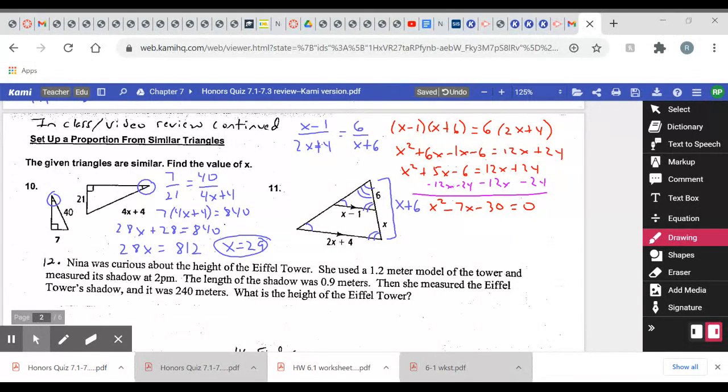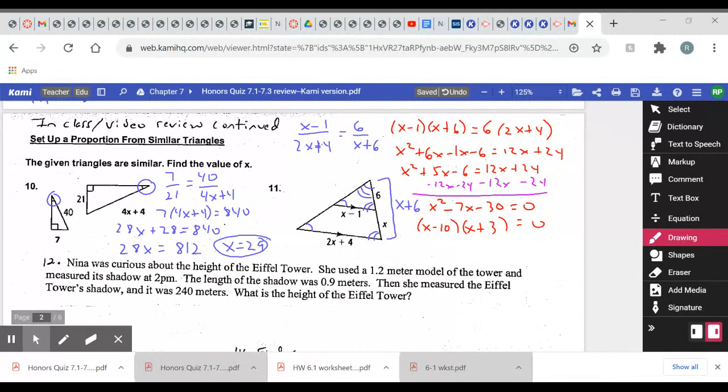Now that's my clue that I need to factor and solve because there's the 1 in front. I can do it the shorter, quicker way. So I end up with x and x. I'm looking for two numbers that multiply together to give me negative 30 and add or subtract together to give me negative 7. So my magic numbers end up being negative 10 and positive 3.